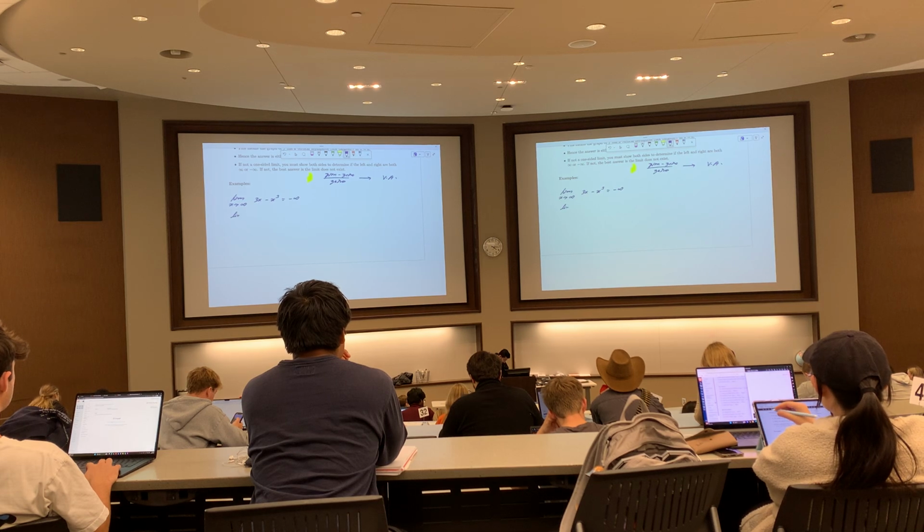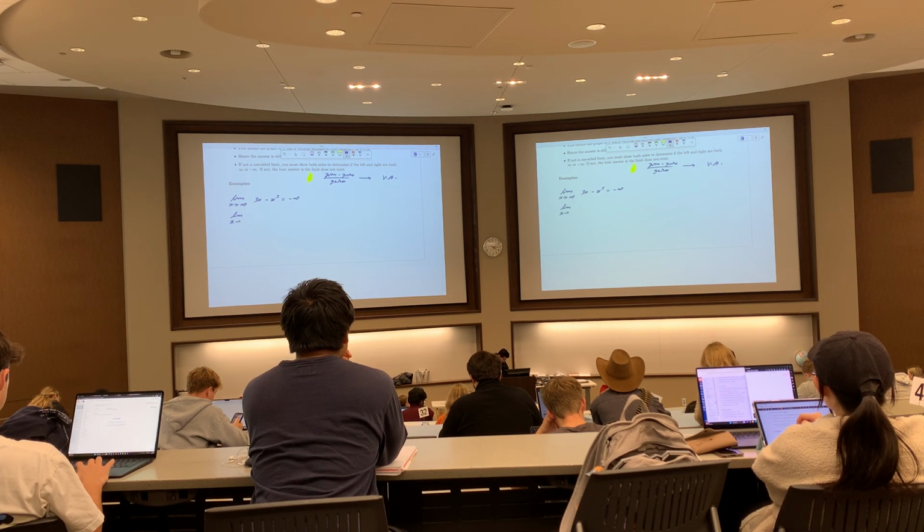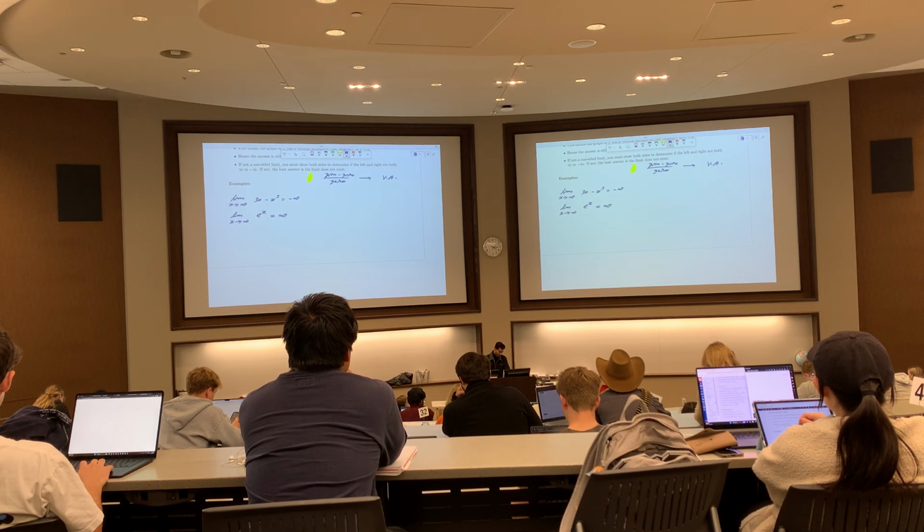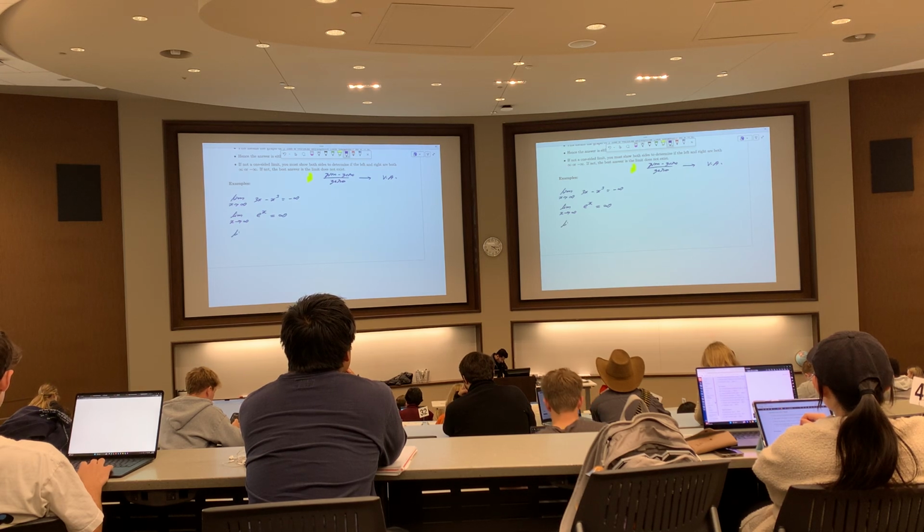And for a function like e to the x, as x approaches infinity, this function blows up to infinity. We'll be using them as we solve problems, so I'm just quickly introducing them here.